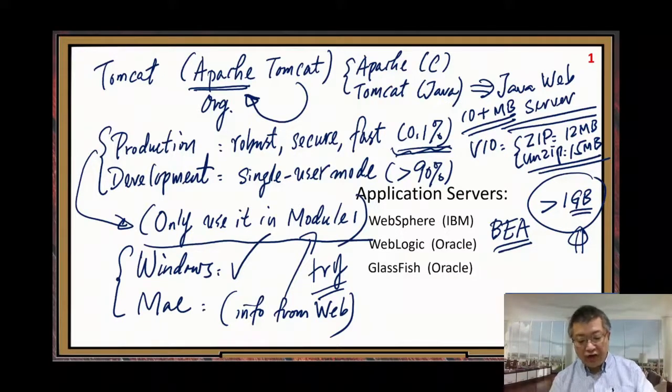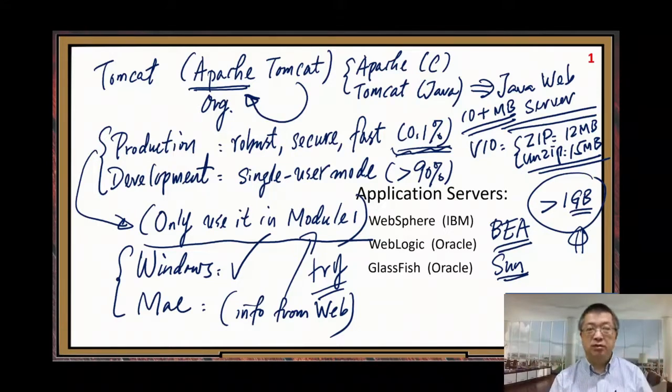Another one, Glassfish, also currently belongs to Oracle, because the original Glassfish belonged to Sun Microsystems. Then Oracle bought Java, right? Sun couldn't survive, so everything from Sun went to Oracle.